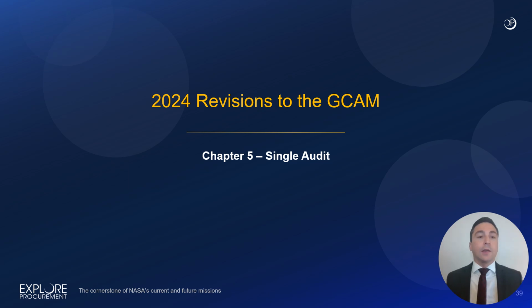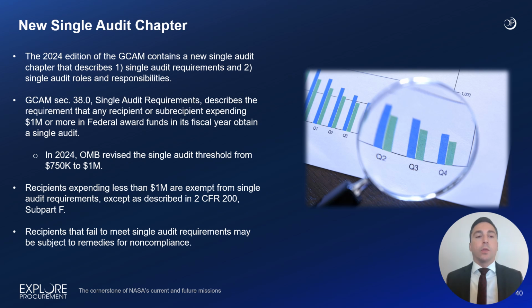We've reached the final section of our training, which covers GCAM Chapter 5, Single Audits. The 2024 edition of the GCAM contains a new single audit chapter that describes single audit requirements and single audit roles and responsibilities. GCAM Section 38, Single Audit Requirements, describes the requirement that any recipient or subrecipient expending $1 million or more in federal award funds in its fiscal year obtain a single audit.